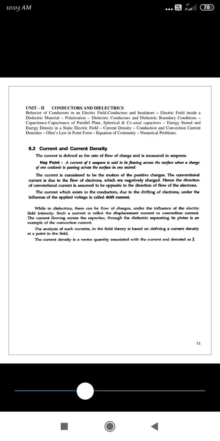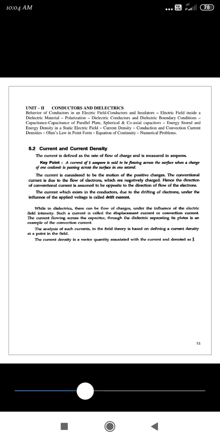Before entering into this unit, the major topics are conductors and dielectrics. A material that allows current to flow is treated as a conductor.